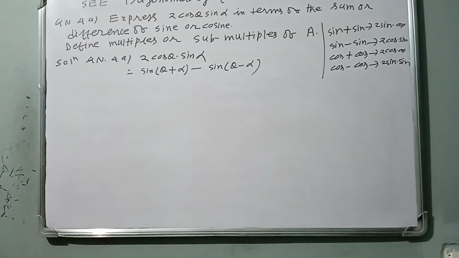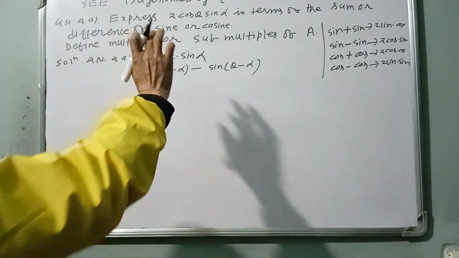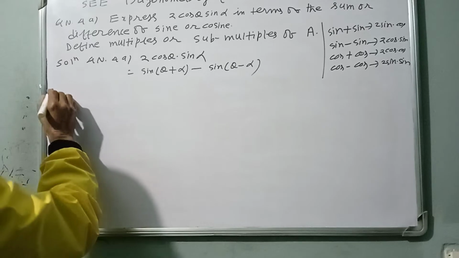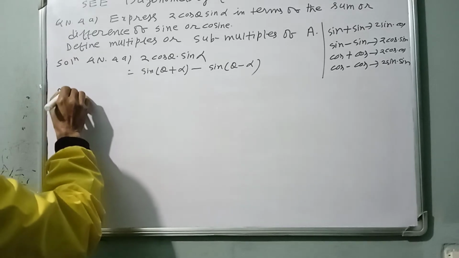Multiple and sub-multiple. Multiple means bigger angle, sub-multiple means smaller angle. First of all, multiples.